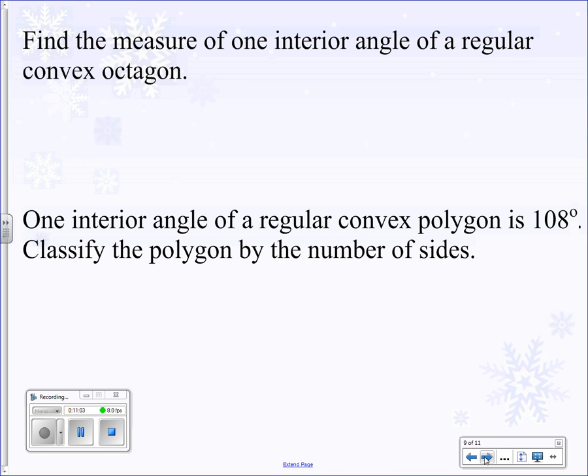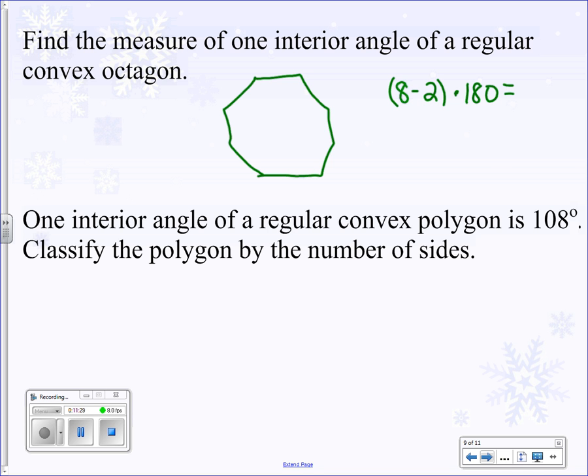Find the measure of one interior angle of a regular convex octagon. Well, if our octagon is regular, that means that all of the angles are equal in size. So we want to find the sum of all the angles for our convex octagon, meaning there's 8 sides minus 2 times 180.